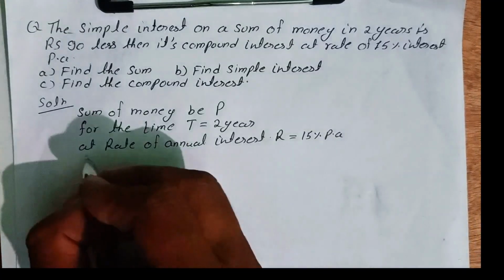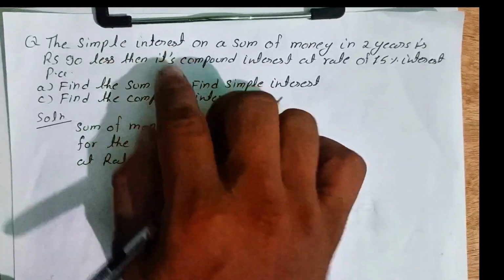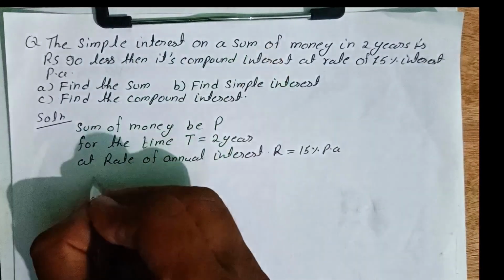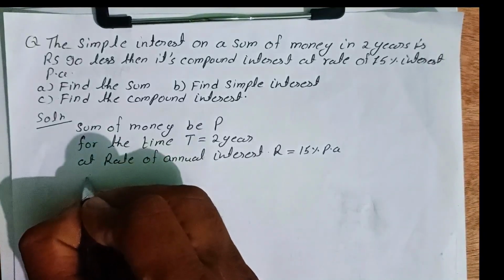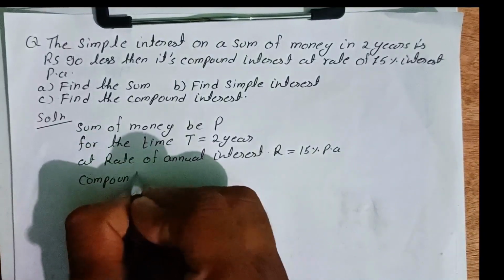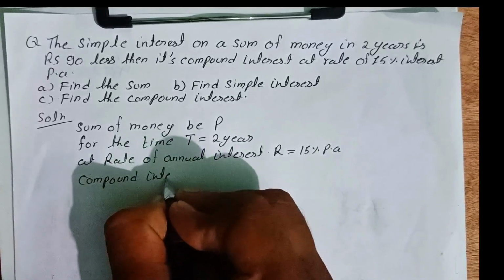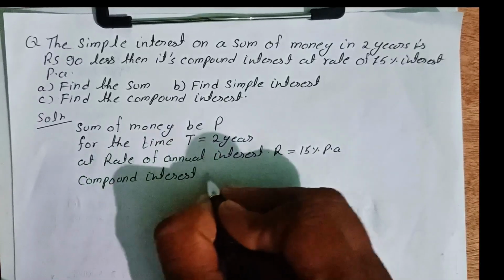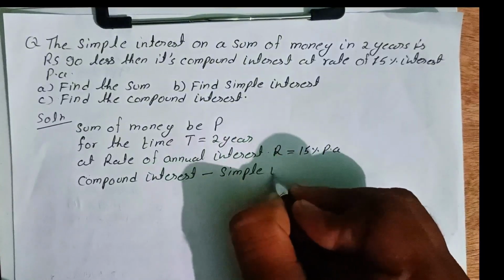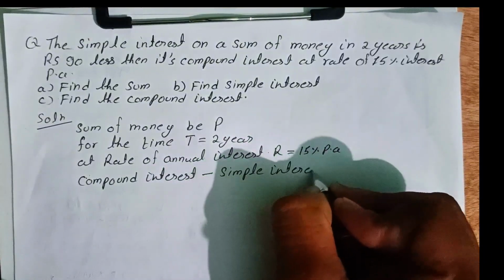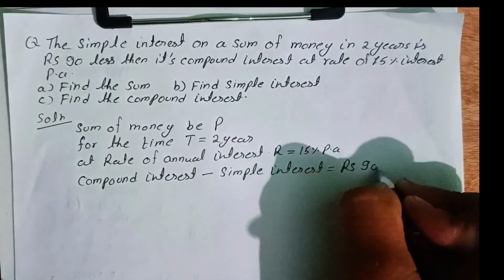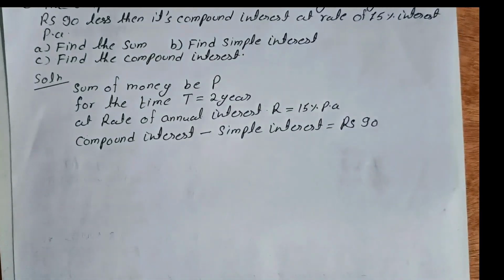And similarly, the simple interest is less than the compound interest for the same sum, that is, compound interest minus simple interest is equal to Rs 90.